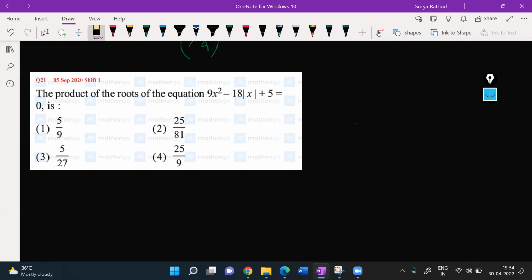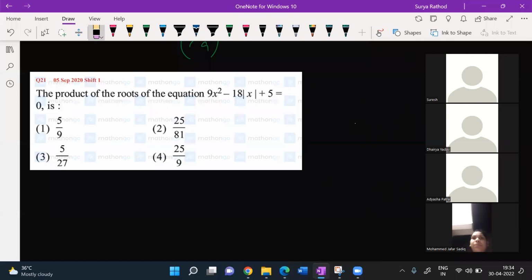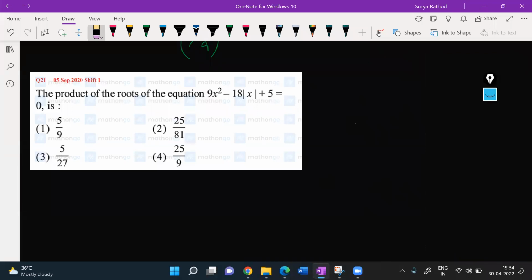Quick, make it fast. The product of the roots.